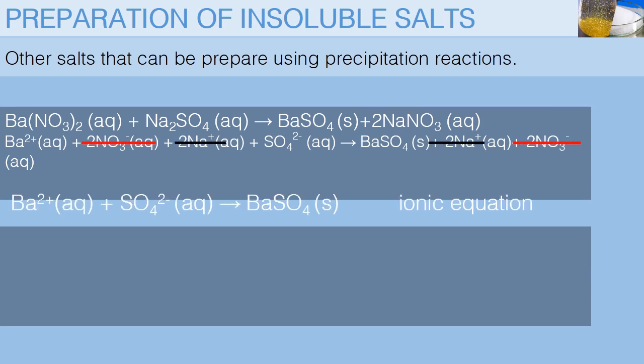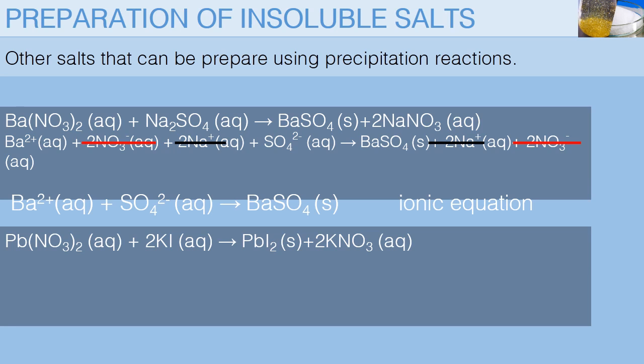And again, another salt that can be prepared using this method is lead II iodide. This is a spectacular reaction, the one I told you about, golden rain, in the beginning of this chapter. Yes, that was the preparation of lead II iodide.